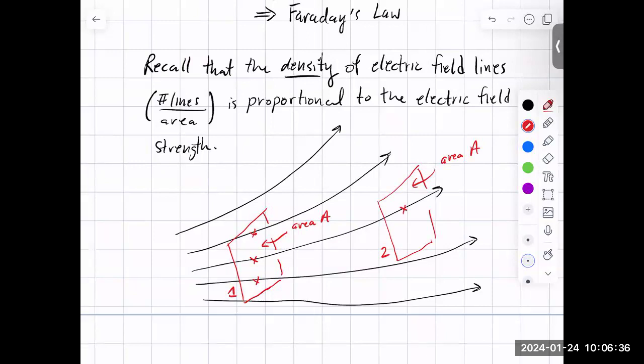So at position 1, the number of field lines per unit area is 3 divided by A, and at position 2, it's 1 divided by A. The density of electric field lines is 3 times higher at position 1.